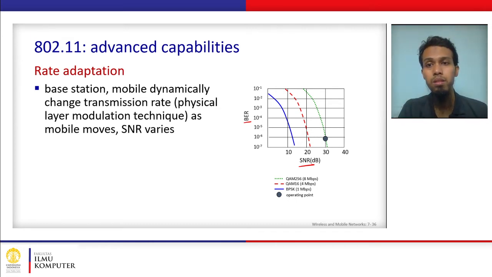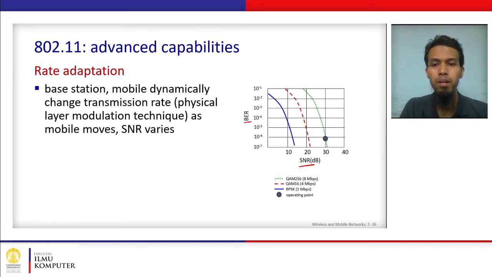So the closer it gets, the higher the SNR, and the farther it gets, the lower the SNR. It is also affected by whether there is an obstacle between the base station or access point and the wireless node. Depending on that, we may get higher or lower SNR.